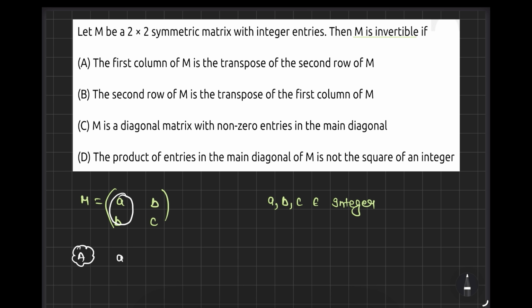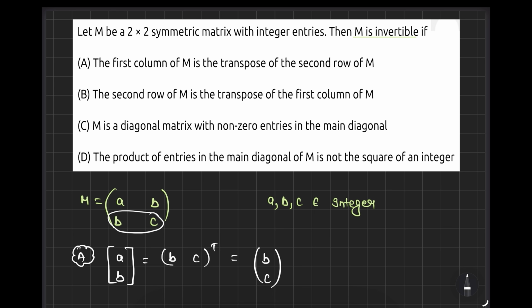First column of M, A B, is the transpose of the second row. So what is the second row? B C, transpose. So I will do transpose, so it will become B and C. Okay, so look at this.